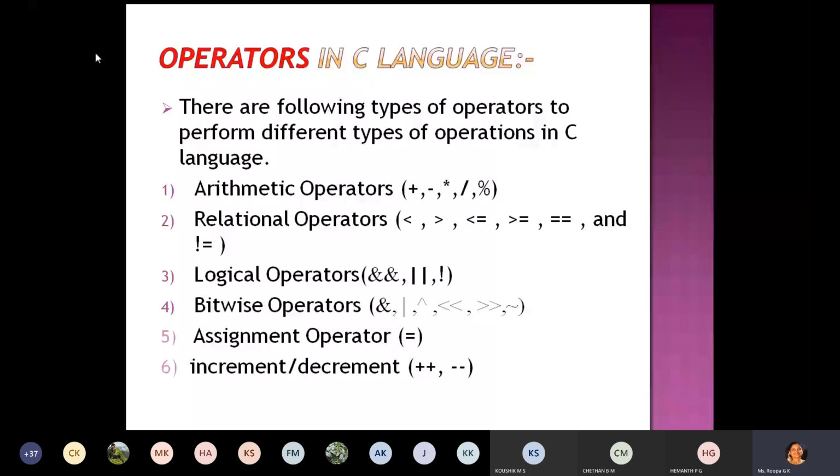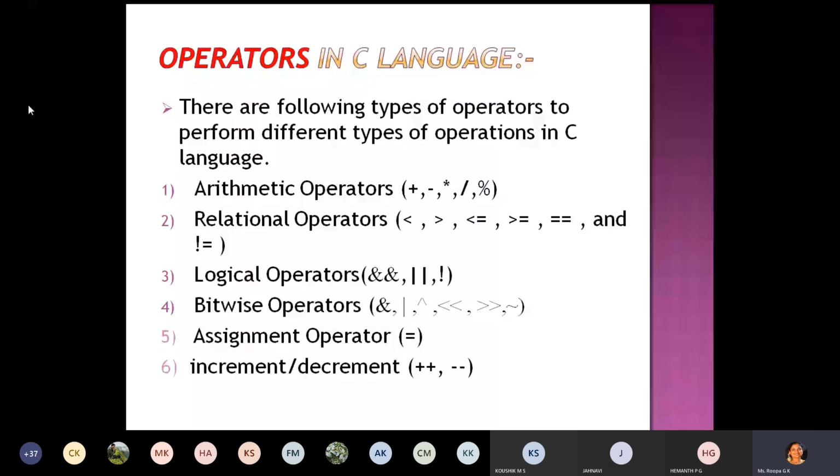Second one, relational operator. A relational operator checks the relationship between two operands. It will work with the help of two operands. If the relation is true, it returns 1. If the relation is false, it returns 0.